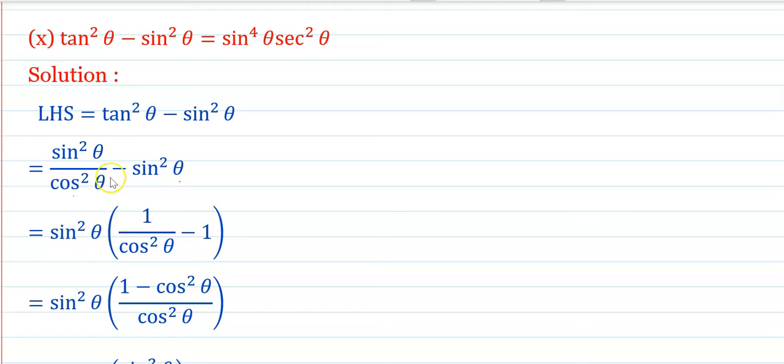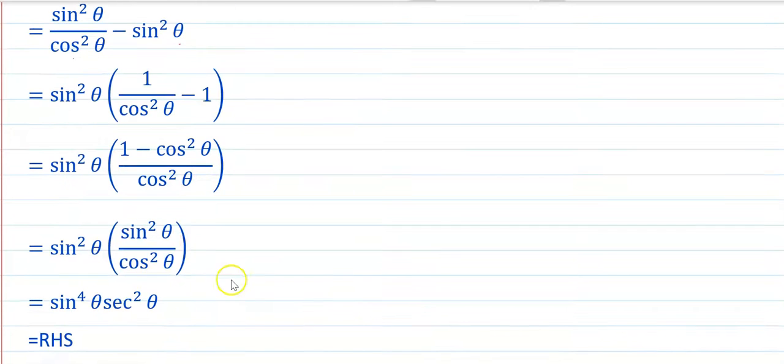Now from these two terms take sin square theta as common. Then in the bracket you will get 1 upon cos square theta minus 1. Now multiplying this 1 by cos square theta, you will get 1 minus cos square theta upon cos square theta.